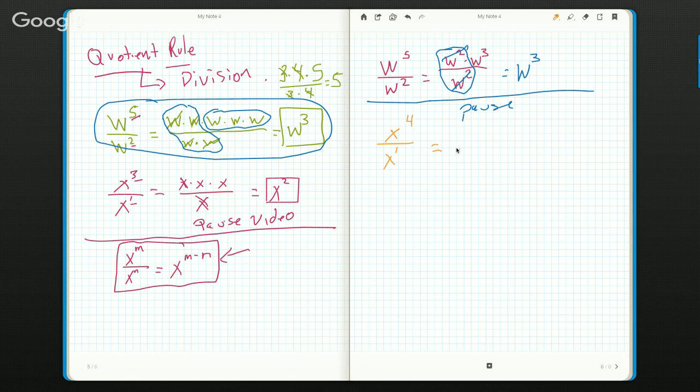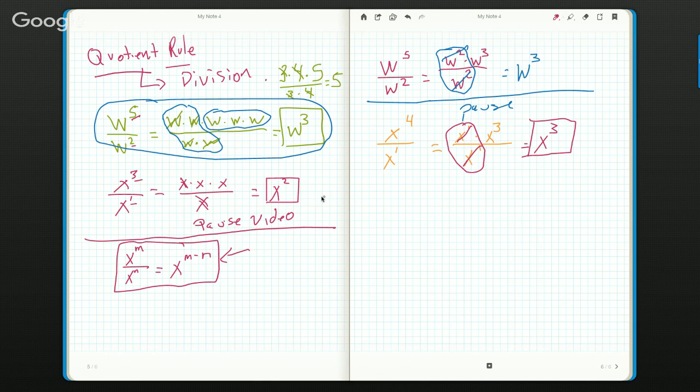So hopefully you said, well, the bottom is x to the 1st because that's smaller. So on the top, I'm going to put down x to the 1st times x cubed. And then I'm going to take these guys and cancel them. And again, my answer is x cubed.